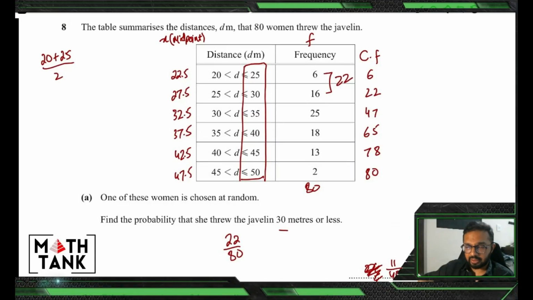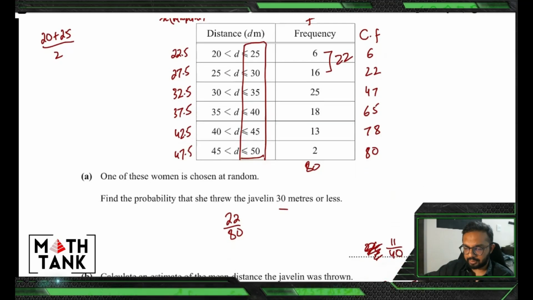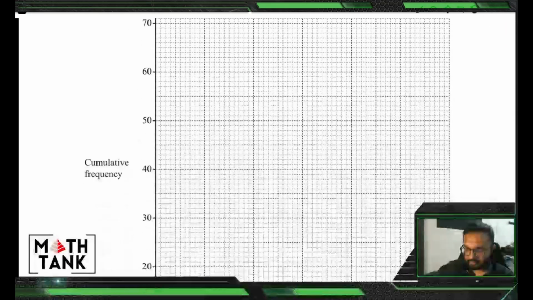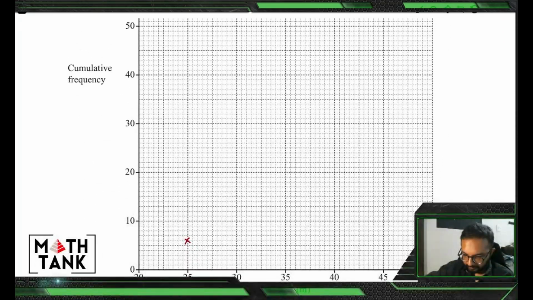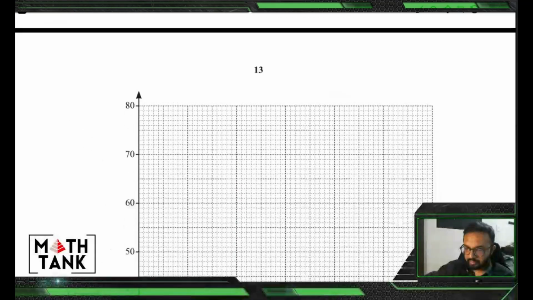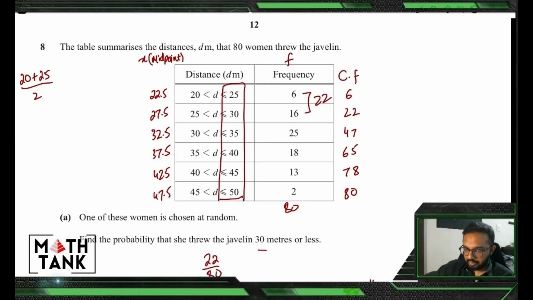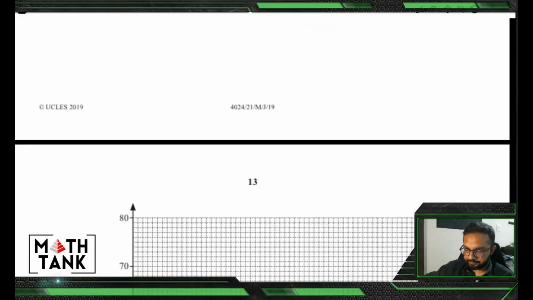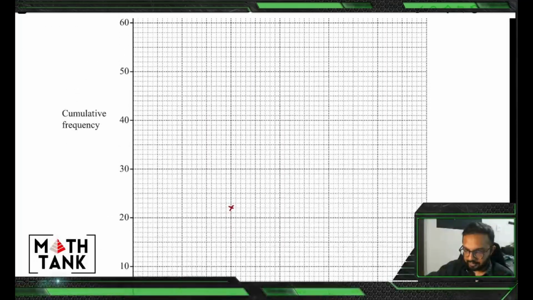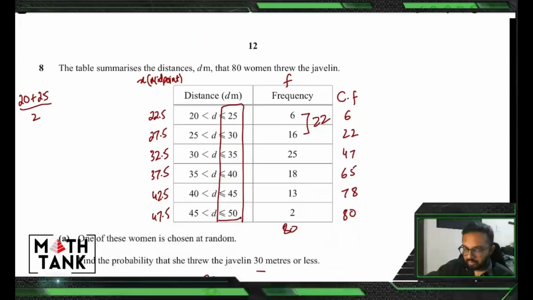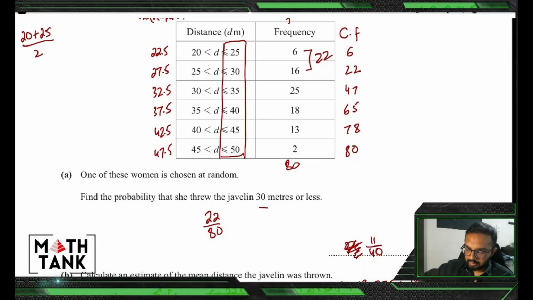Not necessary to make that x, but you should always indicate to the examiner what points you've plotted. 30 and 22. 35 and 47. And 40 and 65.